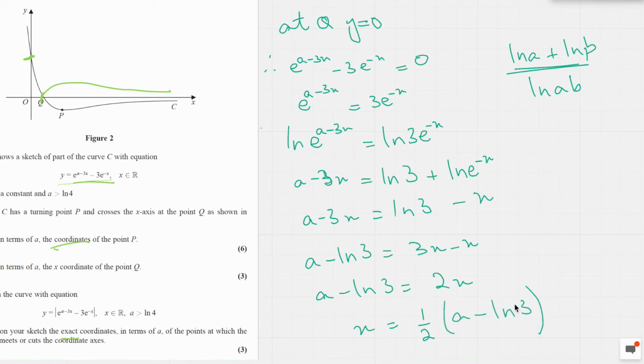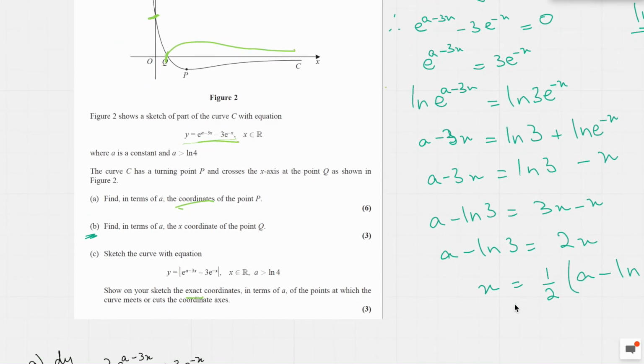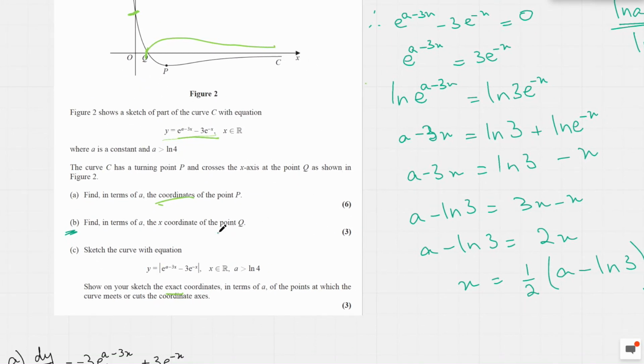So this is the x-coordinate of the point Q in terms of a. So that's done. Now in part C, we have to sketch the curve with equation y equals the modulus of e^(a − 3x) minus 3e^(−x), and show on your graph the exact coordinates in terms of a of the points at which the curve meets or cuts the axes.